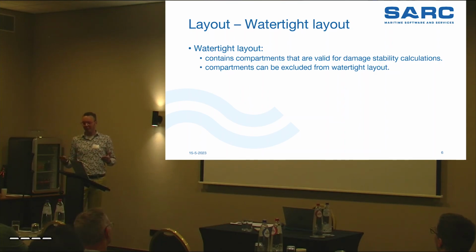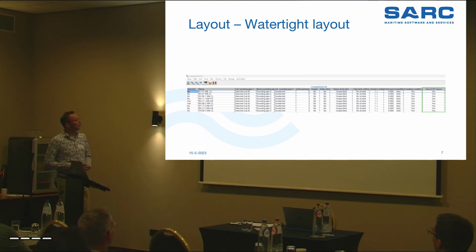That can be, for example, for vessels also carrying grain, where the grain hold is created as a net hold, so without the ventilation ducts and such. And this is then an overlapping compartment, which you do not like to have included into the damage stability calculations two times. That is done within the normal compartment list.